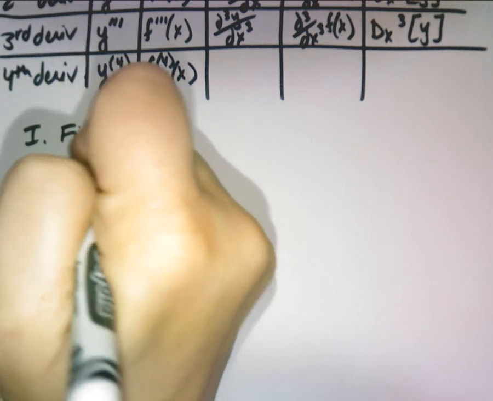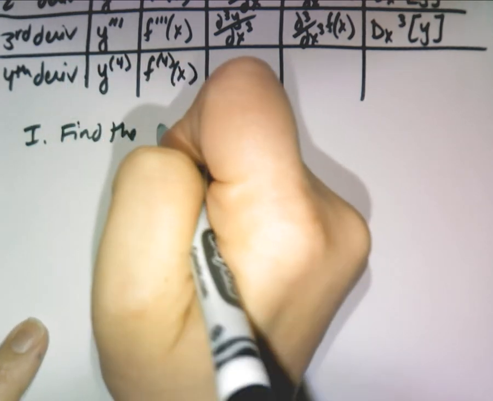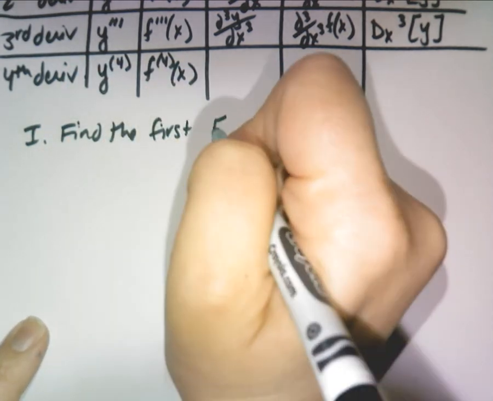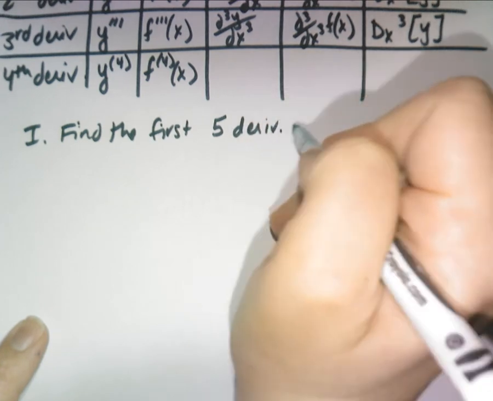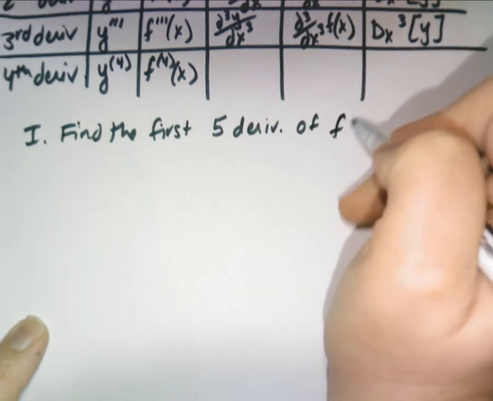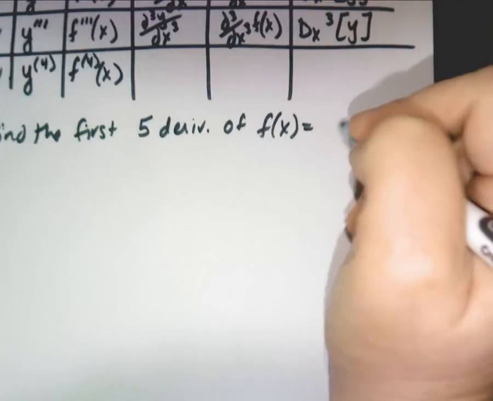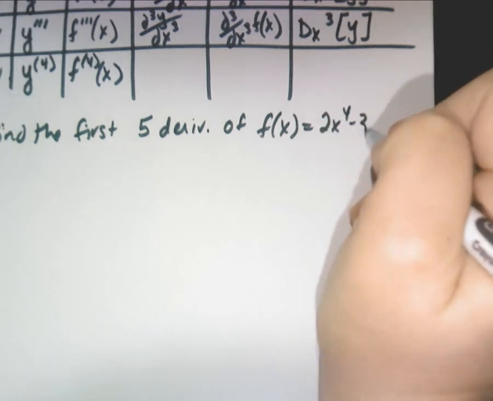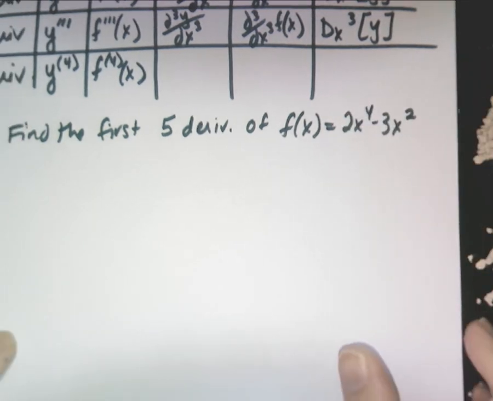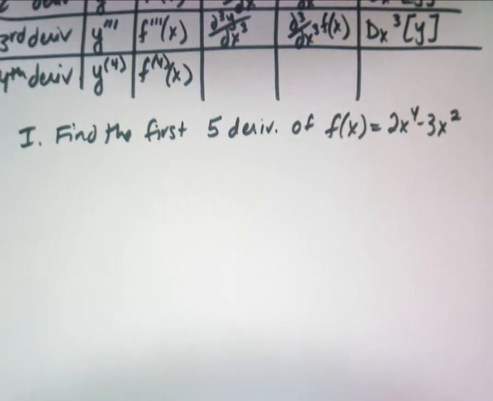So find the first 5 derivatives of f of x equals 2x to the 4th minus 3x squared.